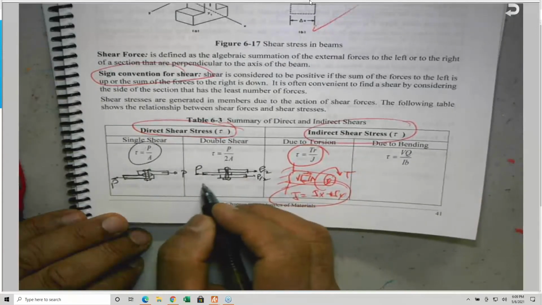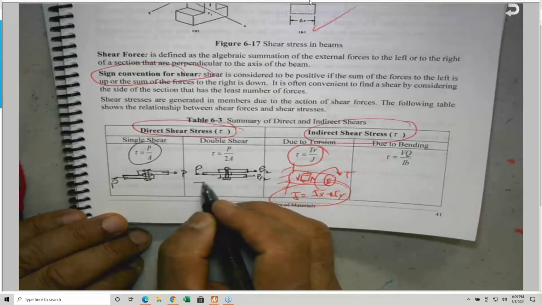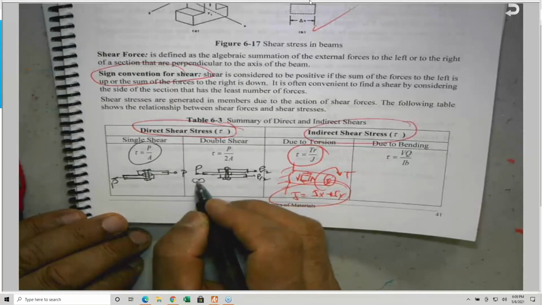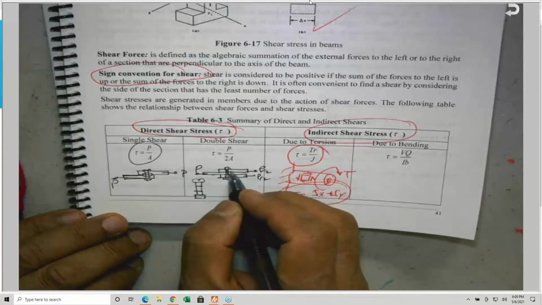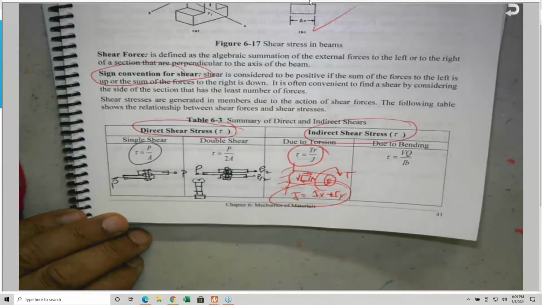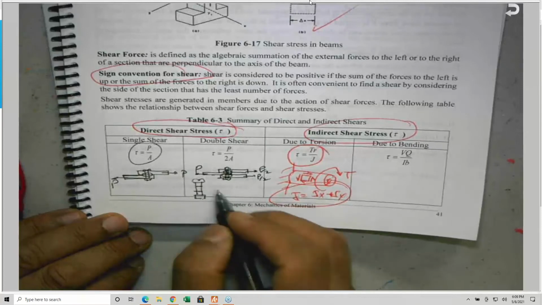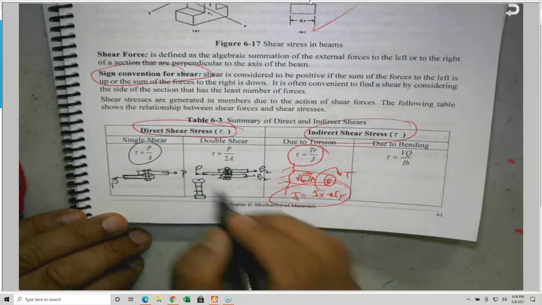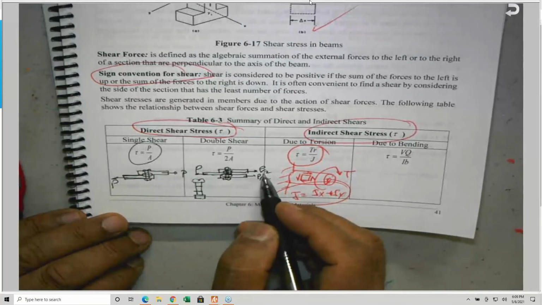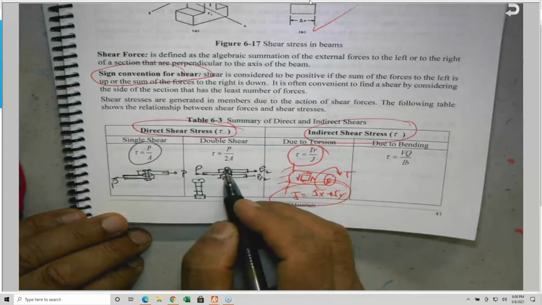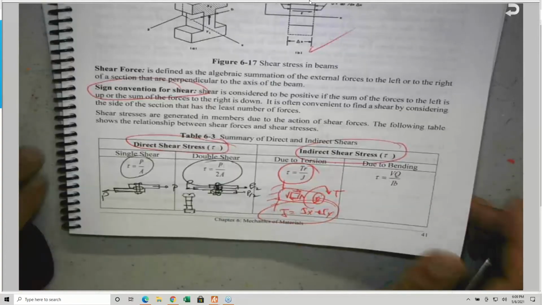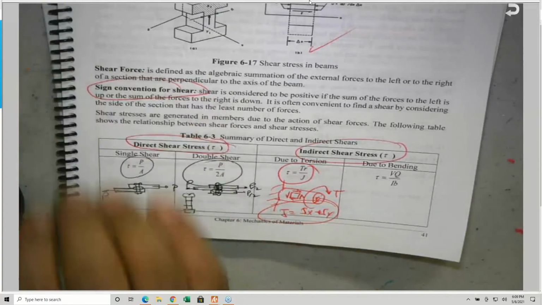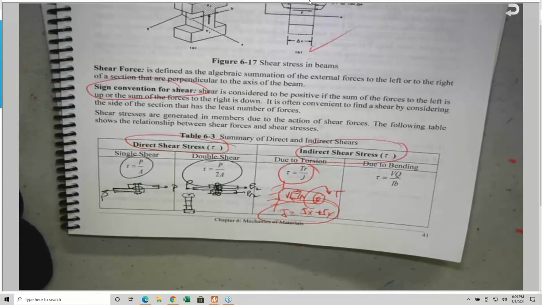For this rivet or bolt, we have one area here and one area here, these two areas. This is why we divide by 2, because there are two areas. Or you can look at it from one side, P over 2 on one area, so it is the same. So it's called double shear. We call this direct shear stress, or the textbooks call it direct shear stress.